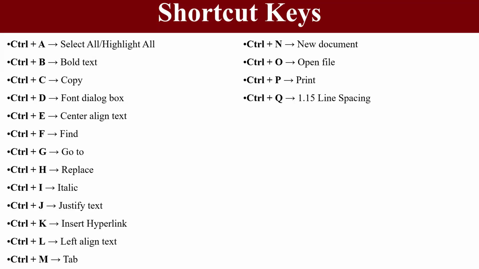Let's say as you are writing a project, after a line, before the next line, there's a space between the first line and second line. Sometimes the space is too much and sometimes the space is too close, like your writing is too close between two lines. So the normal standard line spacing is 1.15 line spacing.